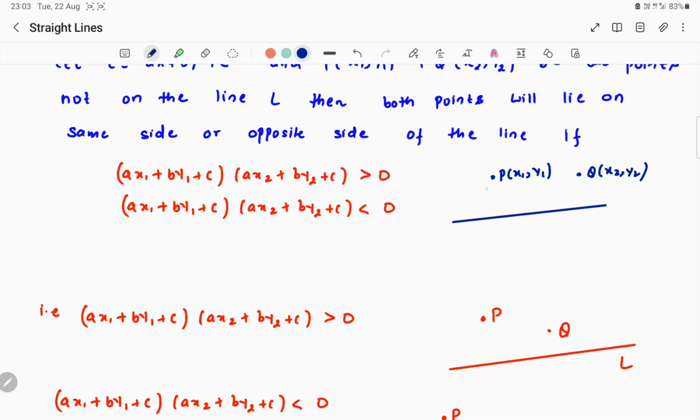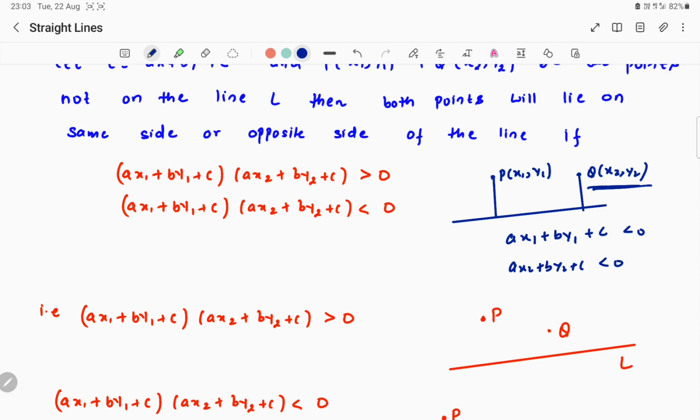If you evaluate these values in the line expression, in place of x you write x1, in place of y you write y1, and c stays c. If this quantity is positive, then ax2 plus by2 plus c will also be positive. If the first one is negative, the other one will also be negative.